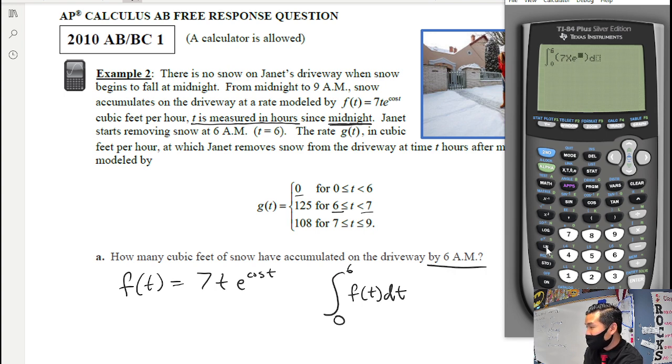It's right here over the ln, so you have to press the blue button, then press ln. E to the what? Cosine of x. Close that parentheses off and bring that down. And what is this with respect to? X in this case, but t in our case, right? Press enter. 142.275.